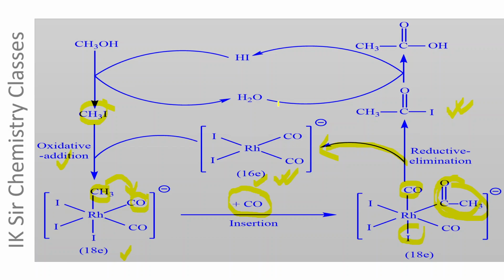Acetyl iodide undergoes hydrolysis reaction, forming acetic acid, which is the desired product, and HI. And this HI is used to transform methyl alcohol into methyl iodide, which is the reactant in the first step of Monsanto process, and thus the catalytic cycle is completed.